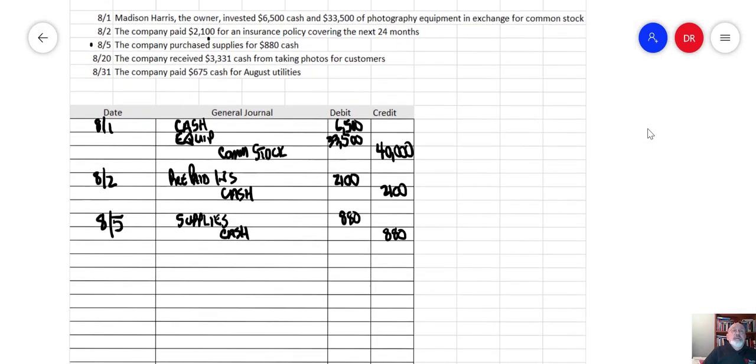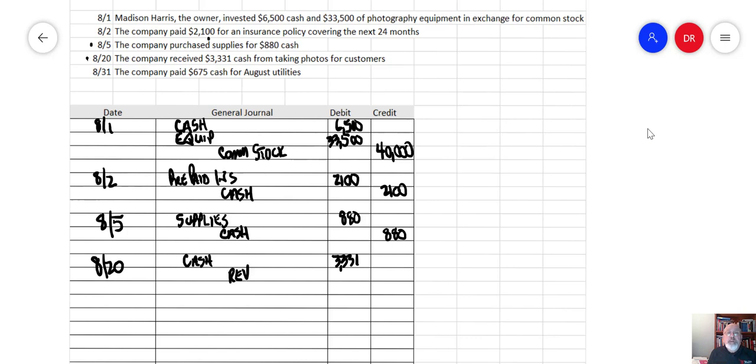And then on August the 20th, it says that the company received $3,331 in cash from taking photos for customers. So when we ask what happened, basically we earned income and we received cash. So cash is an asset. Therefore, it increases with a debit. So we're going to put it as a debit, cash, and that's going to be $3,331. And the other side of that, because it's money we earned, is going to be revenue.